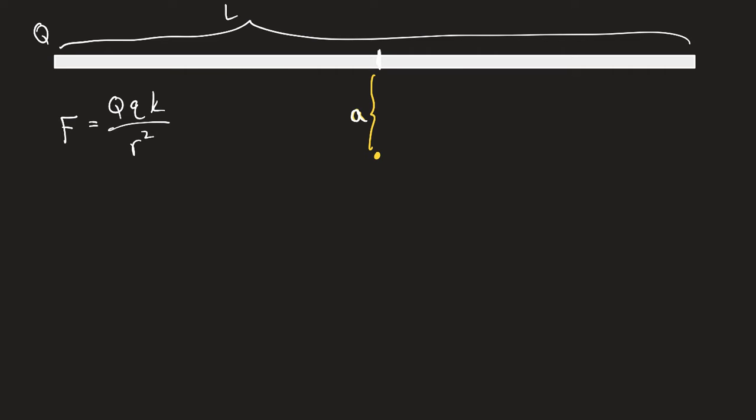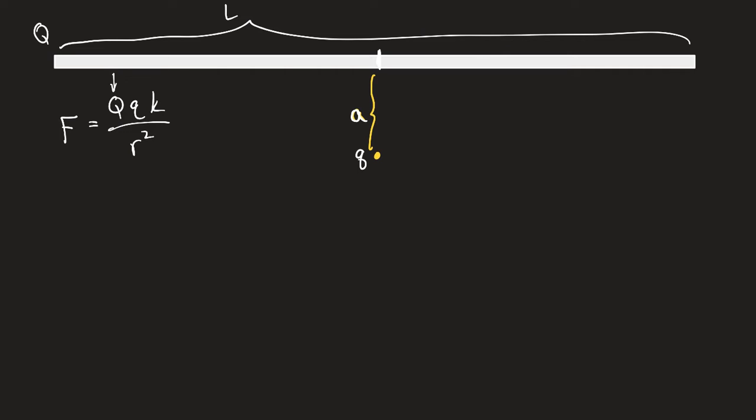So generically, it's going to be two charges, the constant, and the separation distance. So let's give this point a charge, not big Q, but lowercase q.